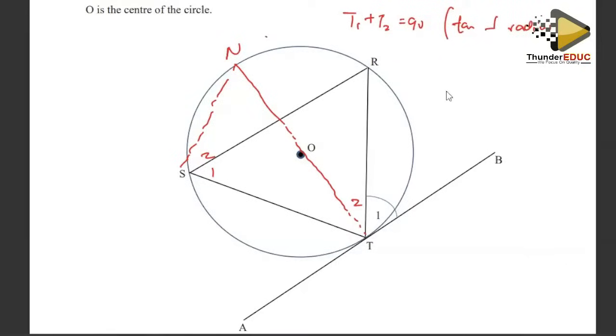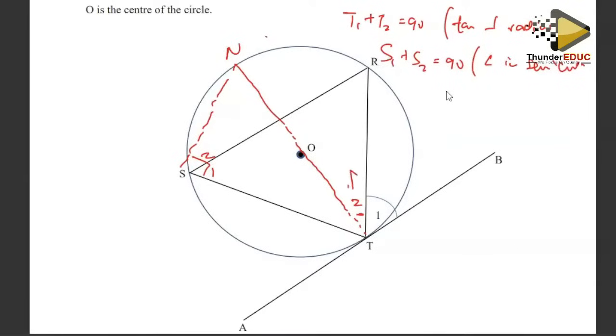Or will it be angles in a semicircle? Now it doesn't make sense for angles to be the same. I would prefer the tan radius, T1 and T2. That makes sense. Then S1 and S2 is the one that's going to be angle in a semicircle.